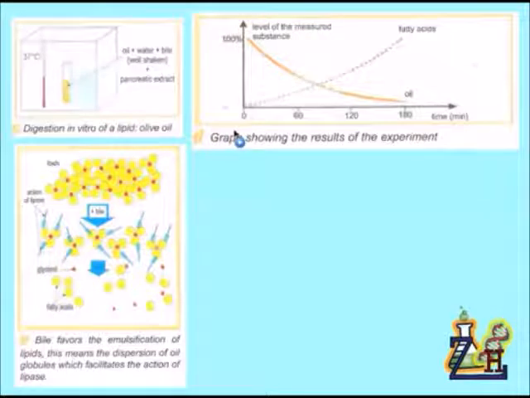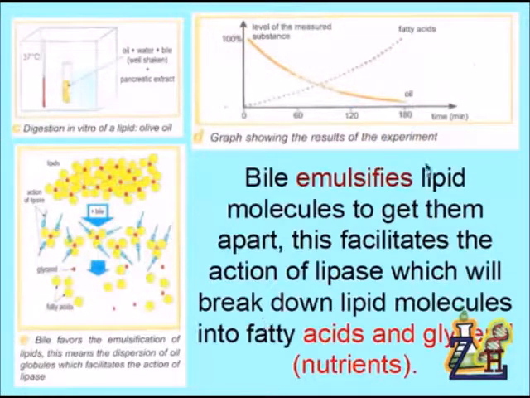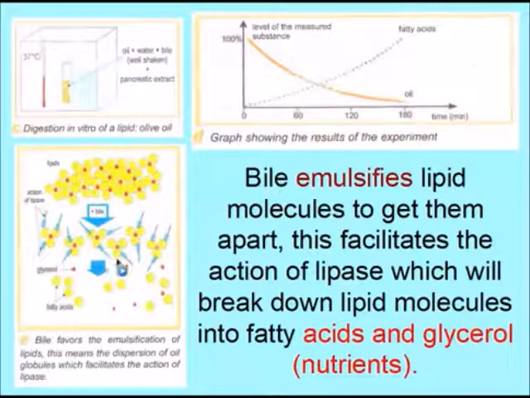So if we go back to the graph, we can say that the oil, or the lipids in the oil, were decomposed and transformed into what? Into fatty acids mainly, and of course into glycerol. So, talking about bile, we can say that bile emulsifies lipid molecules, and here emulsifies is just like the action of soap on the fat found in the food when we are washing the dishes.